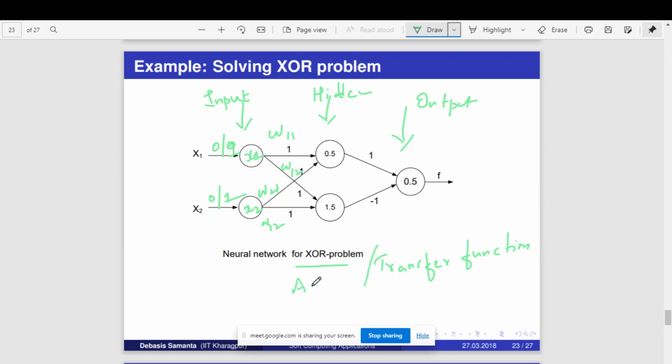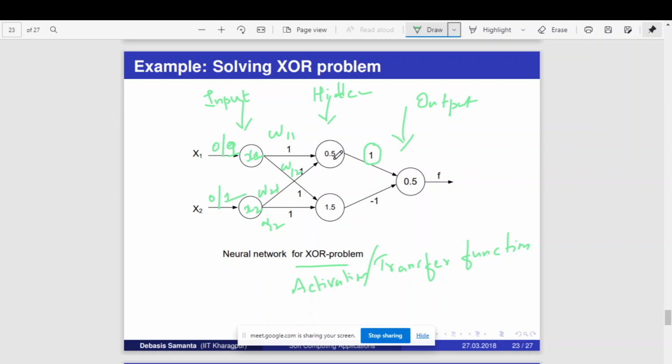This activation function or transfer function will contain the threshold limit. That is, if it is more than 0.5, this is going to output 1. This is a neuron, this is a neuron. The neuron will activate if it receives an input which is greater than 0.5.